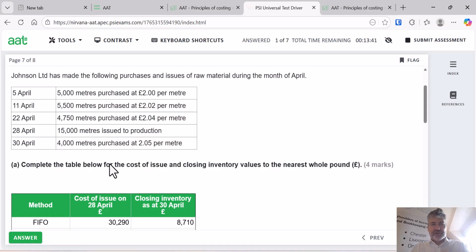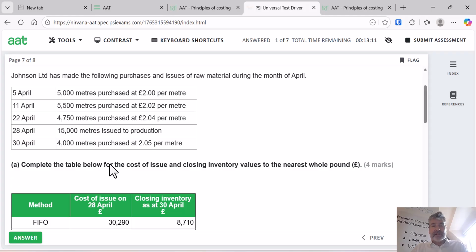What we need to do with the AVCO method is basically every time we make a purchase, we should be recalculating the average cost of everything that is held in inventory. The reality is we really only need to do that calculation to work out the average cost of a unit held in inventory just before any issue from inventory.